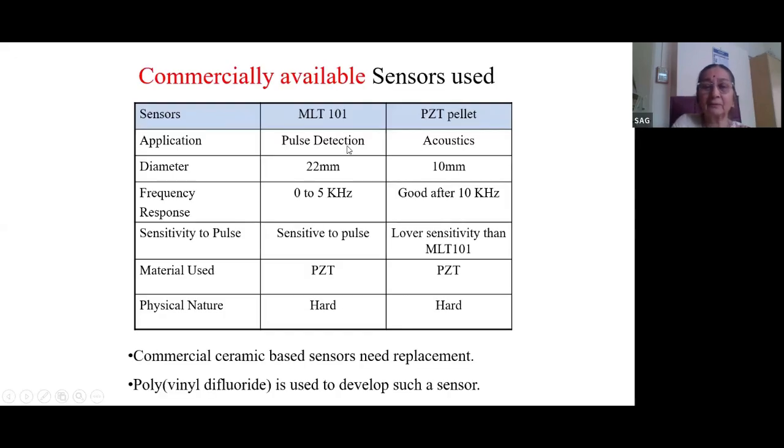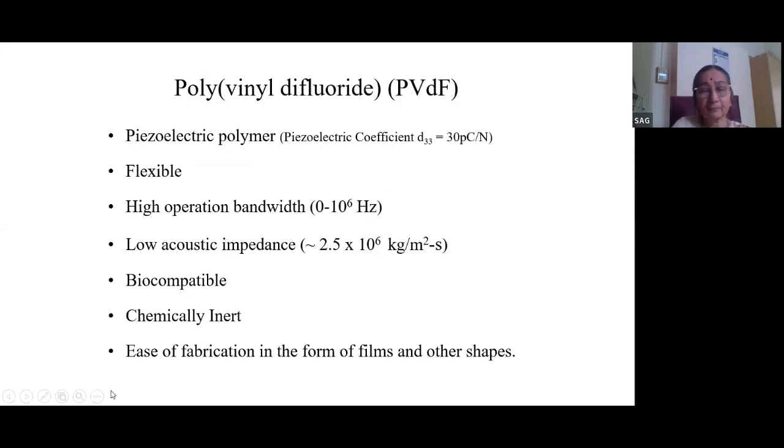There are a few sensors available; the one we used in our experiment was MLT 101. But it is hard, and when you press these sensors on your wrist, the patient may get hurt. Therefore we require a flexible material like polyvinylidene difluoride, which we selected for development of our sensor.